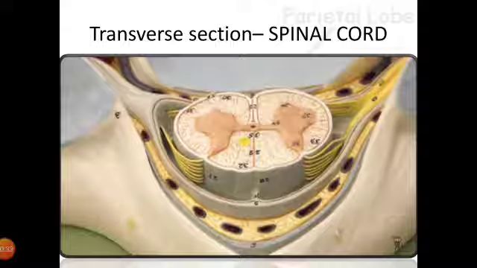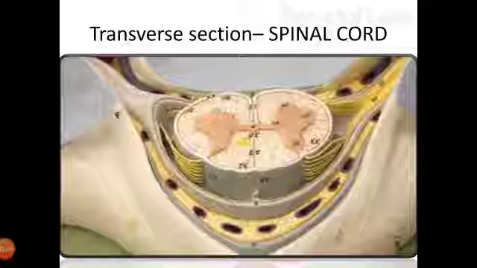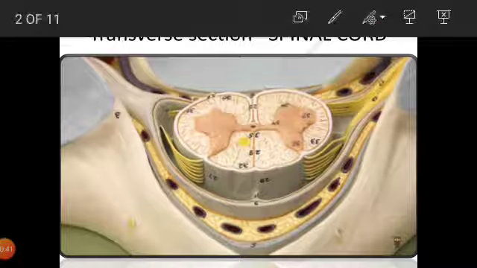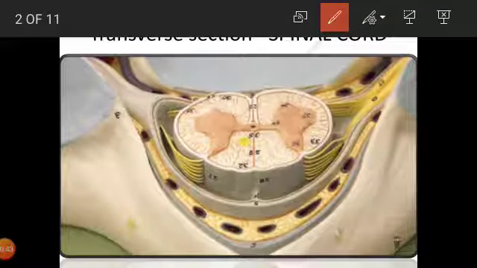the transverse section of the spinal cord. Here we can see the TS section of the spinal cord. This is the white matter and this is the gray matter. The white matter has two parts, ventrally or anteriorly, and this is posteriorly.